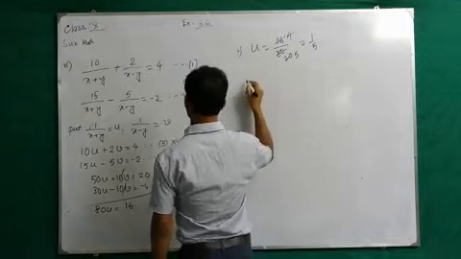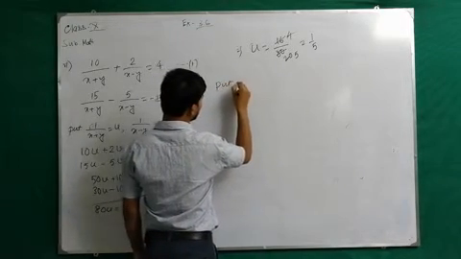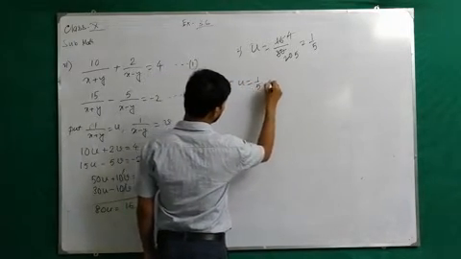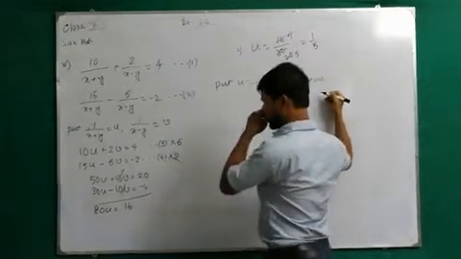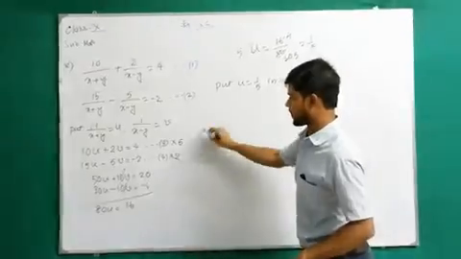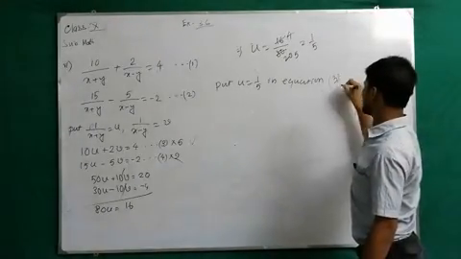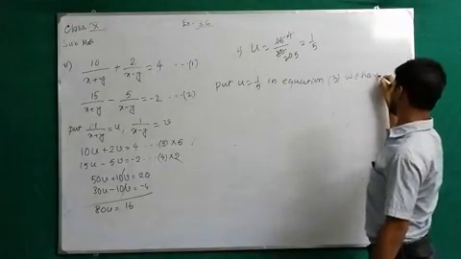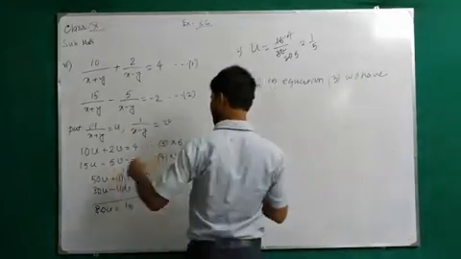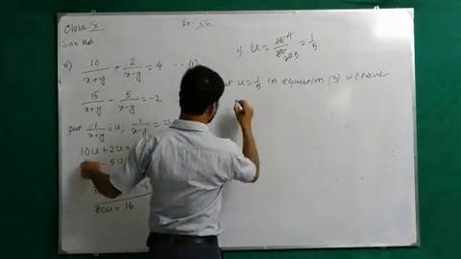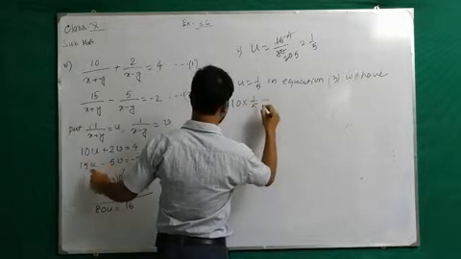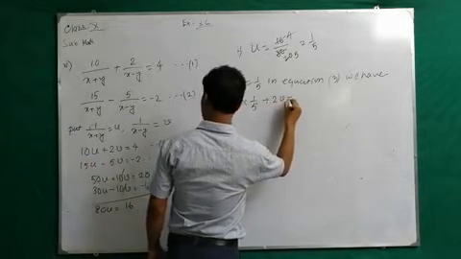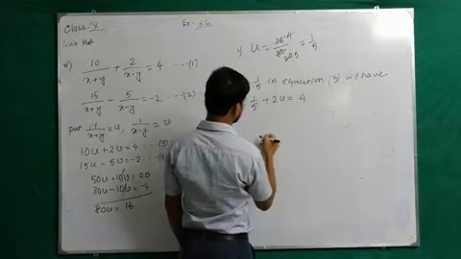Okay, and if I put u equal to 1 by 5 in equation number 3, we have 10u plus 2v is equal to 4, which is equal to 10 into 1 by 5, plus 2v is equal to 4.